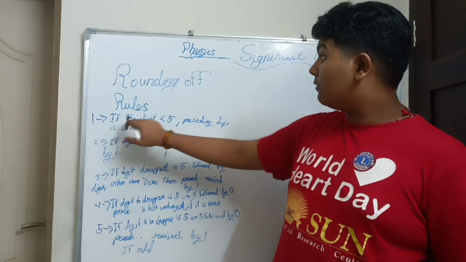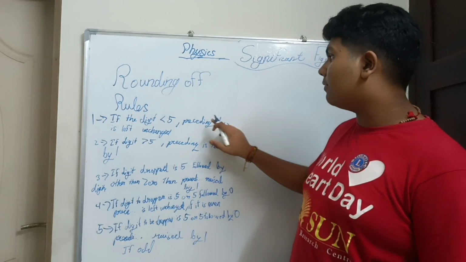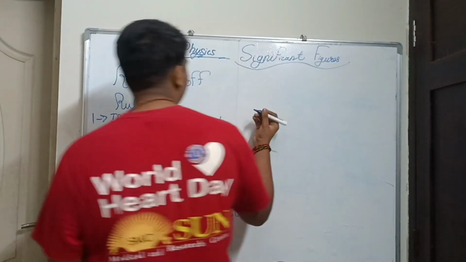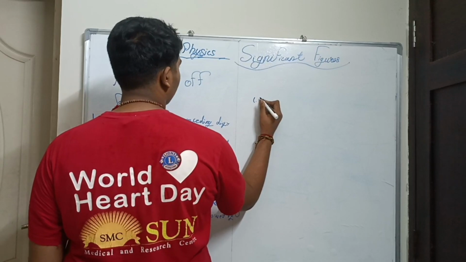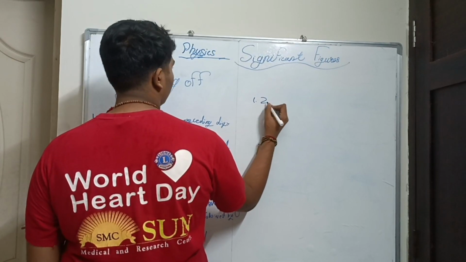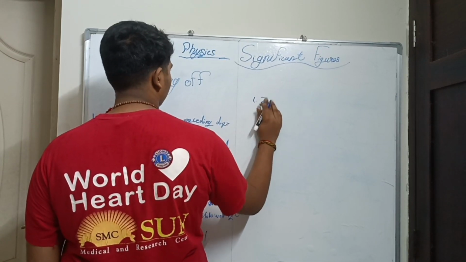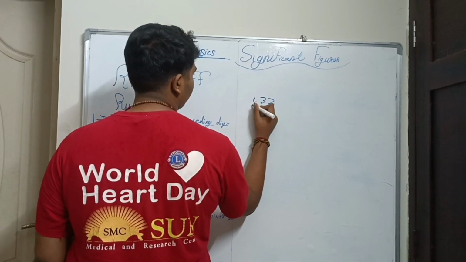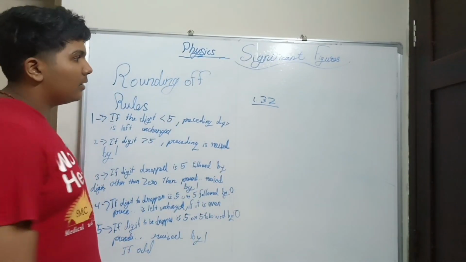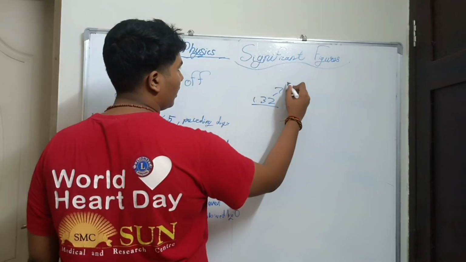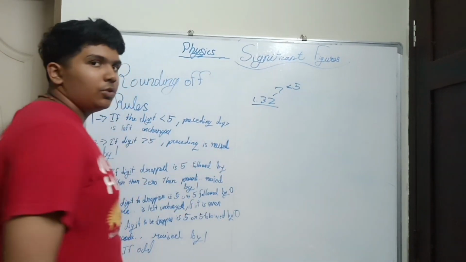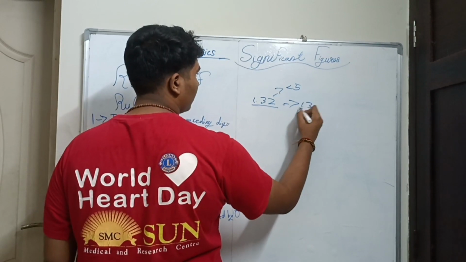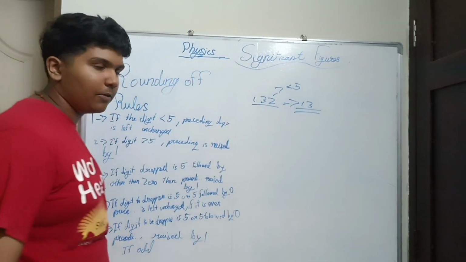Rule number 1: if the digit is smaller than 5, the preceding digit is left unchanged. For example, 1.32. The 2 is less than 5, no? So it will be kept as 1.3. This is rounding off to the significant figure.